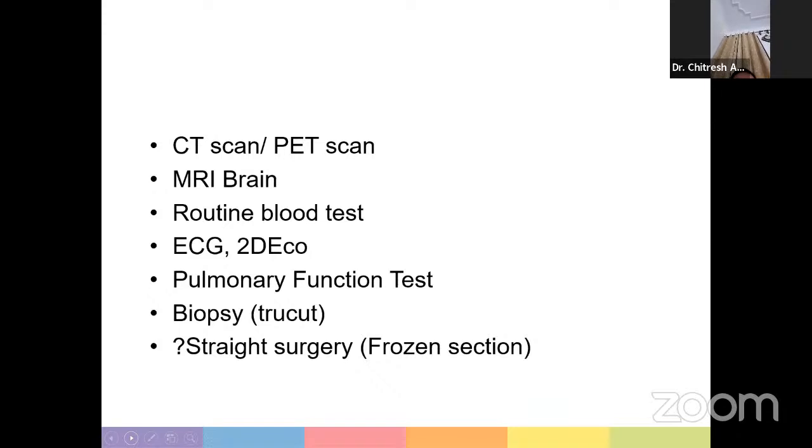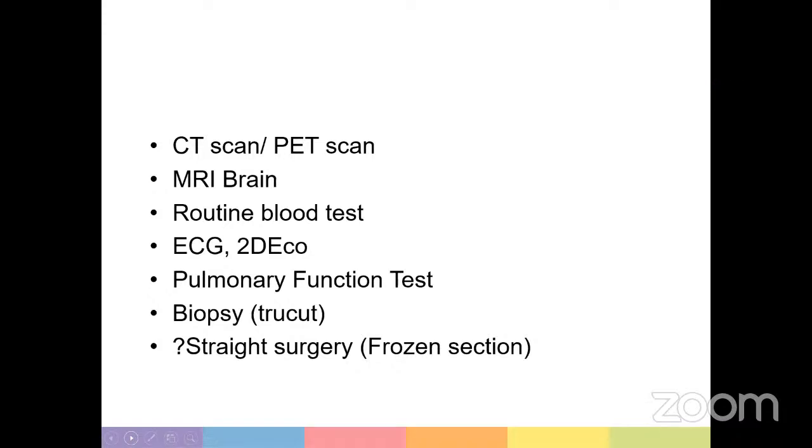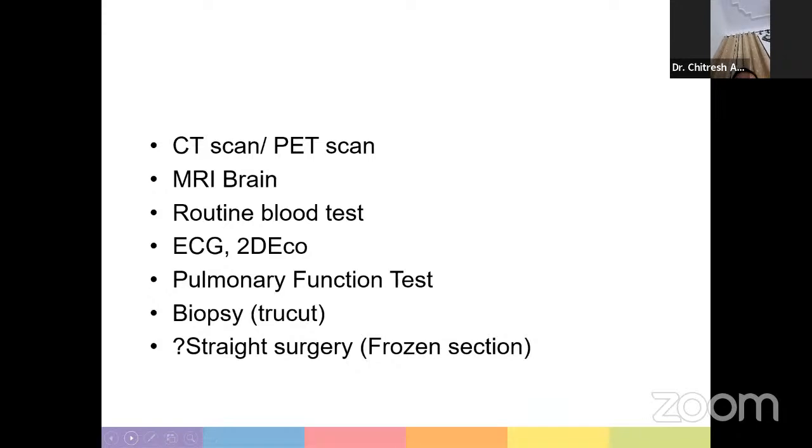So I think what we have discussed till now is that straight surgery definitely is generally not done unless we are able to prove that it is a malignancy. And though generally patients would come with a CT scan, after a diagnosis of biopsy we would definitely do a whole body PET CT scan to see the staging, and that would give us an idea about the mediastinum also, and then we would plan accordingly.